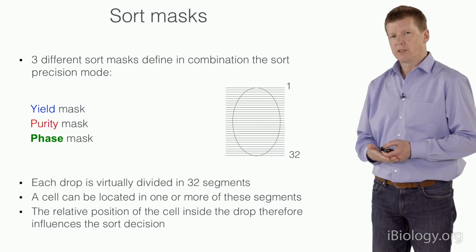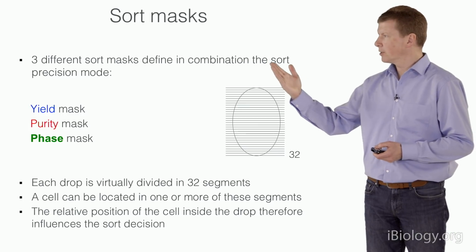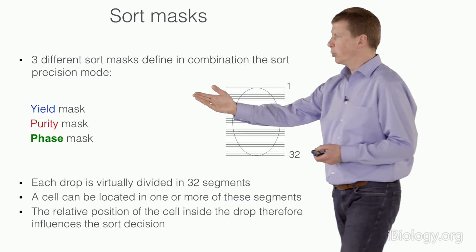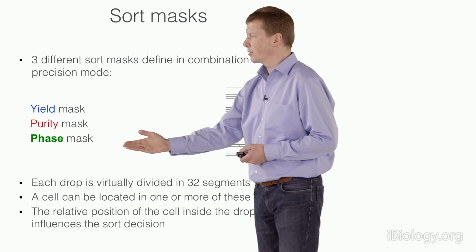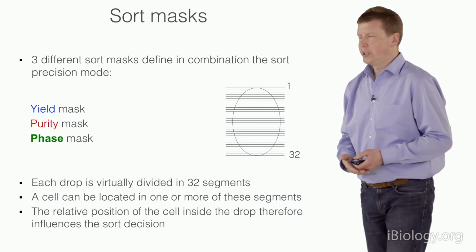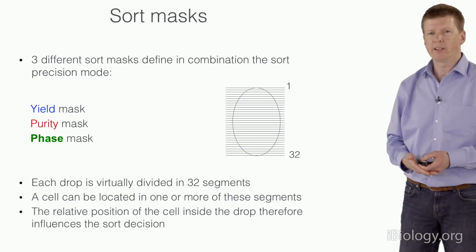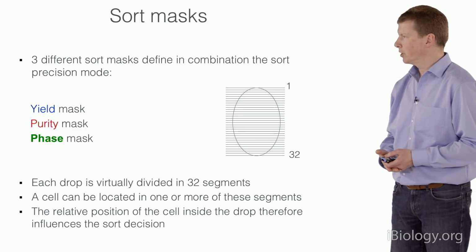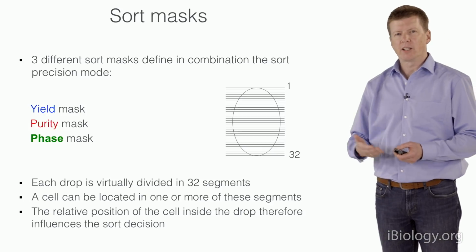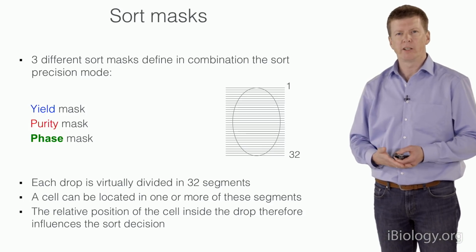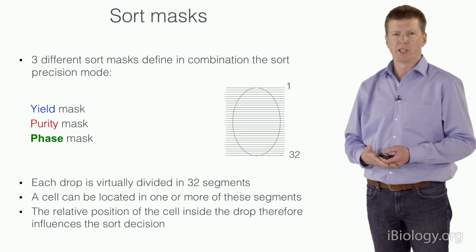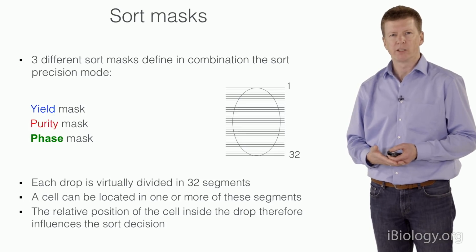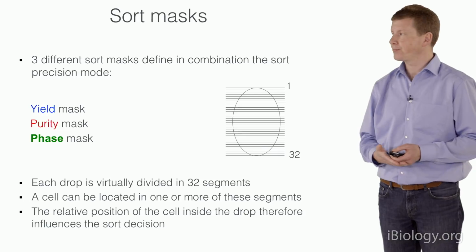Most cell sorters are knowing 3 different sort masks: the yield mask, the purity mask, and the phase mask. So each mask is dividing the drop virtually into 32 segments. And then a cell can be touching or located in one or more of the segments, and this will then influence the outcome of my sort decision.